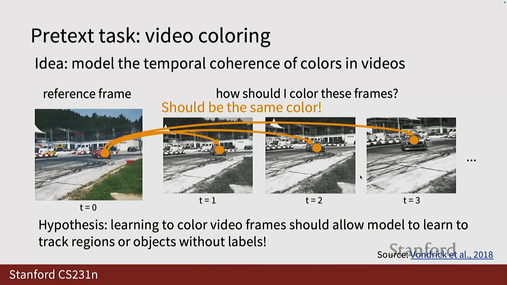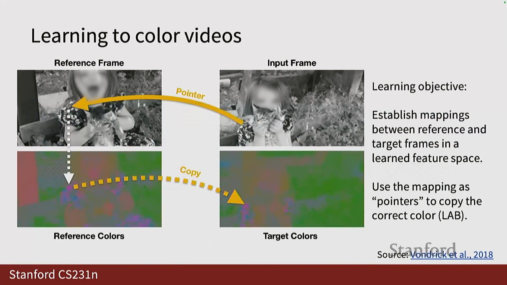And this is also very useful because with colorizing future frames in the video, we basically try to track pixels and objects in the video, and the model implicitly learns how these tracks should be formed. So the hypothesis is learning to color video frames should allow the model to learn to track regions or objects without labels.